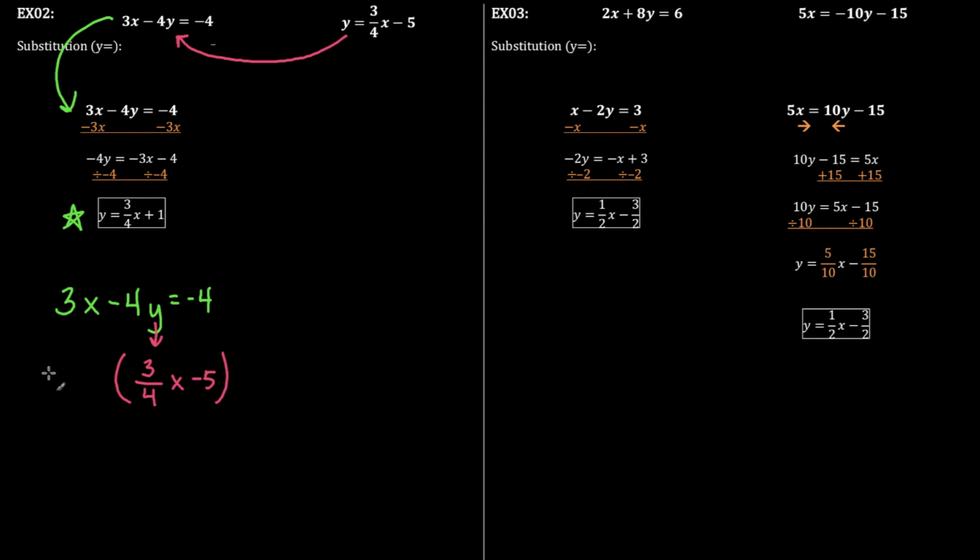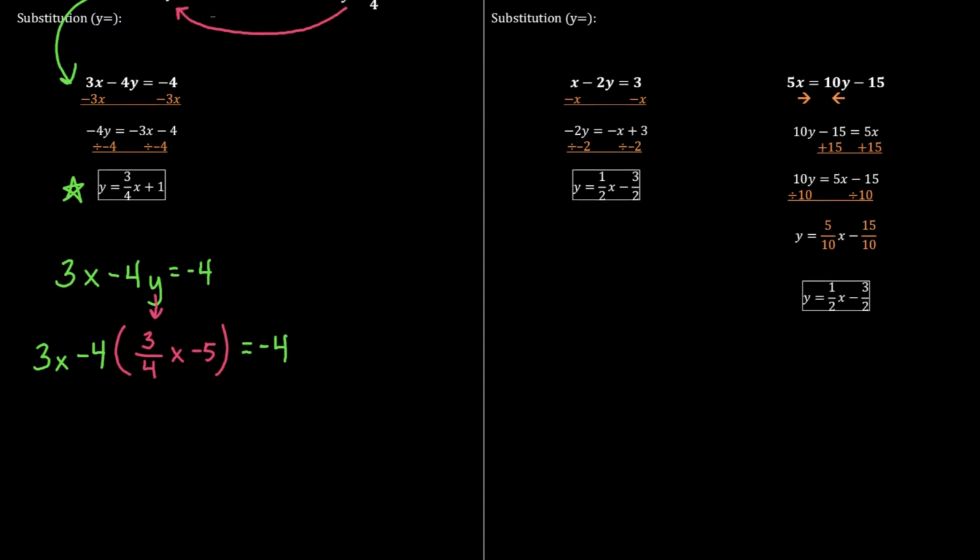So I should get 3x minus 4 times 3/4 x minus 5. That should equal negative 4.